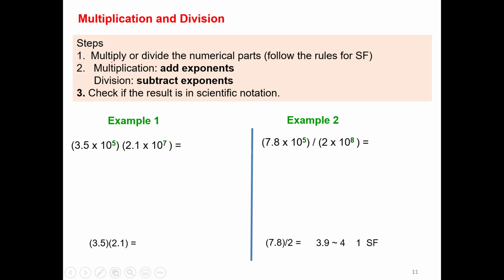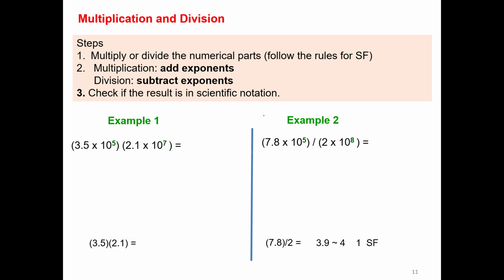At the end, we will check if the result is in scientific notation. We multiply or divide the numbers, then we apply the properties of the powers to multiply or divide the power of 10, and then we need to check if the result is in scientific notation. Let's do this one.